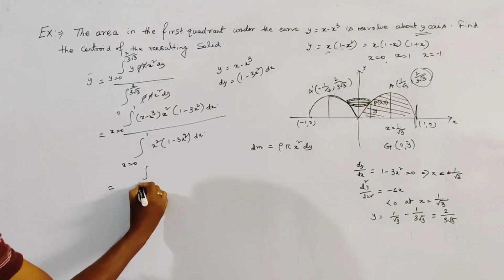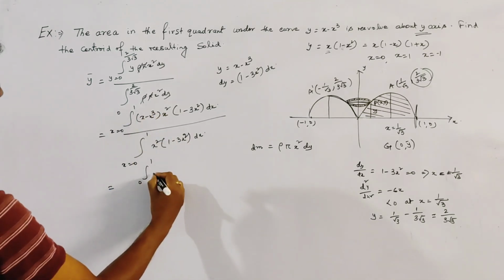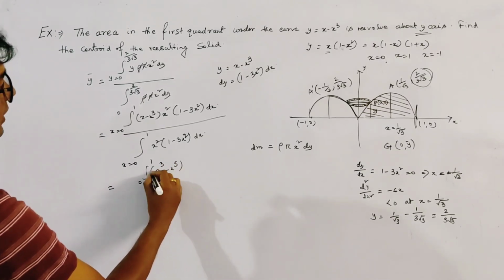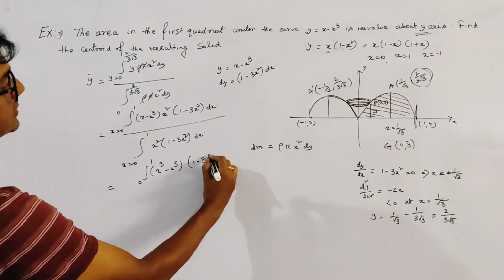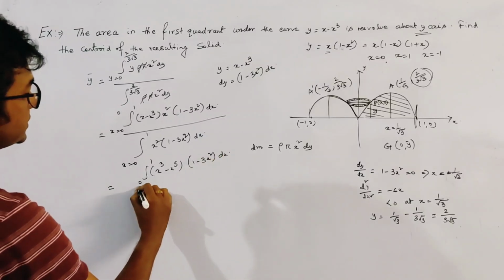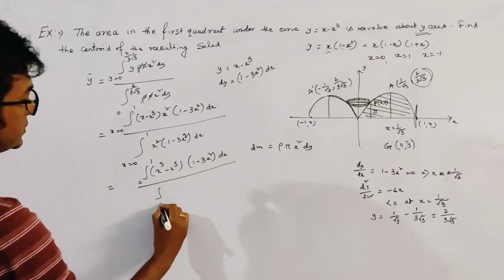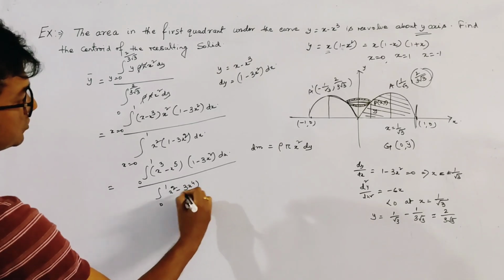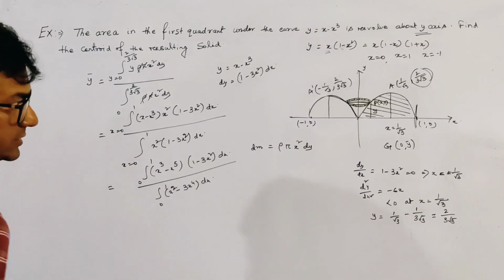So we get the integral from 0 to 1 of x cube minus x to the power 5 into 1 minus 3x square dx, divided by the integral from 0 to 1 of x square minus 3 x to the power 4 dx.